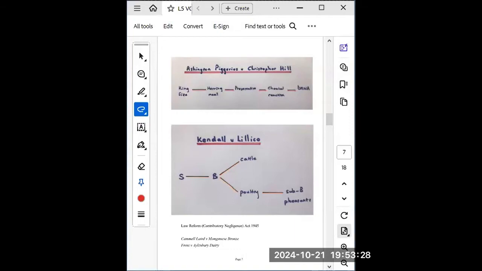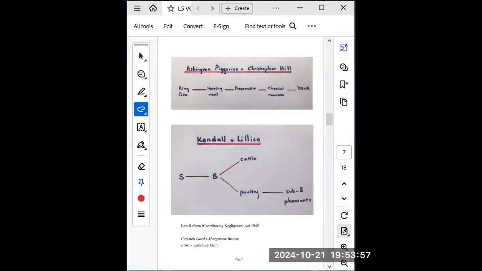Because the seller is essentially holding himself out as capable of exercising sufficient skill and judgment to select goods fit for the particular purpose for which he knows the buyer wants them. Section 14 sub 3 imposes strict liability on the seller. Caveat venditor, caution the seller.